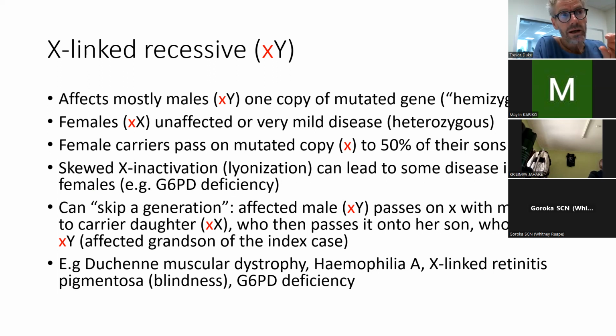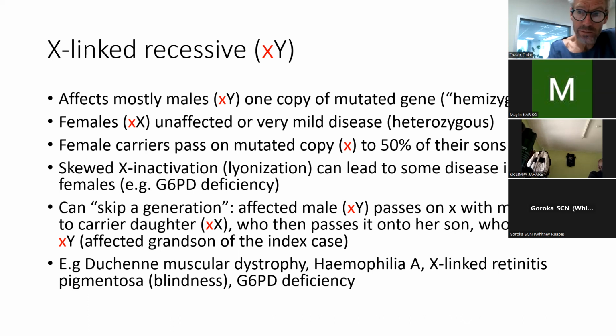The X-linked recessive conditions are all transmitted from the mother, because from your father you get the Y chromosome, so that's not affected by the condition, but the X chromosome comes from the mother. So the family tree looks like the male child is affected, the mother is a carrier, but her father or uncles might also have been affected by the disease.